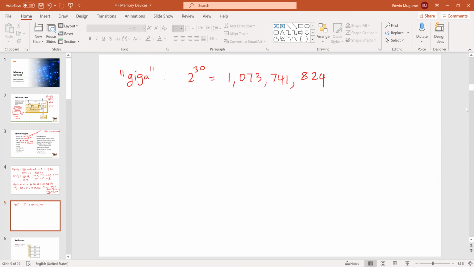So if your capacity is that big, then you don't have to force it to express it in K or M. You can express it in G.